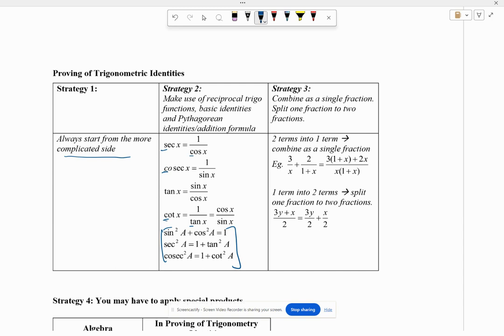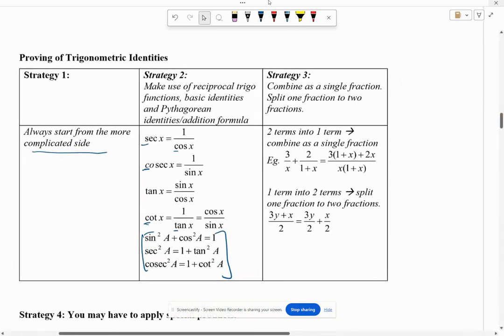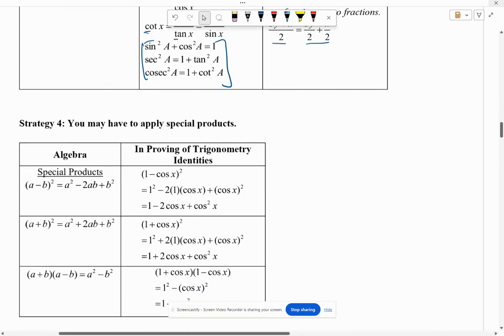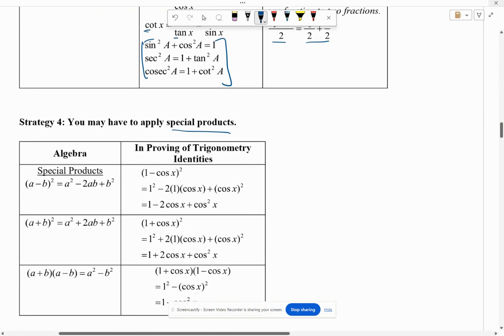So strategy 3 will be to combine as a single fraction, two terms into one term, something like this, or one term into two terms, where we split them into two terms. Or we might apply the algebraic identities like algebra that we've learned previously, which is the same when it comes to trigo.